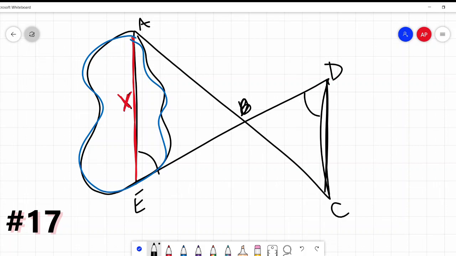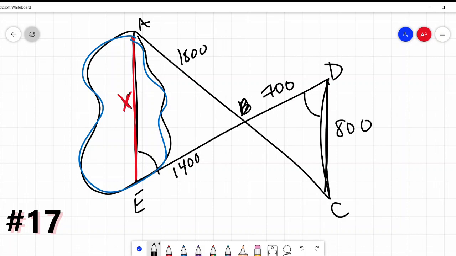Start filling things in. All right, so AB is 1,800 feet. EB is 1,400 feet. BD is 700 feet. And finally, CD is 800 feet.